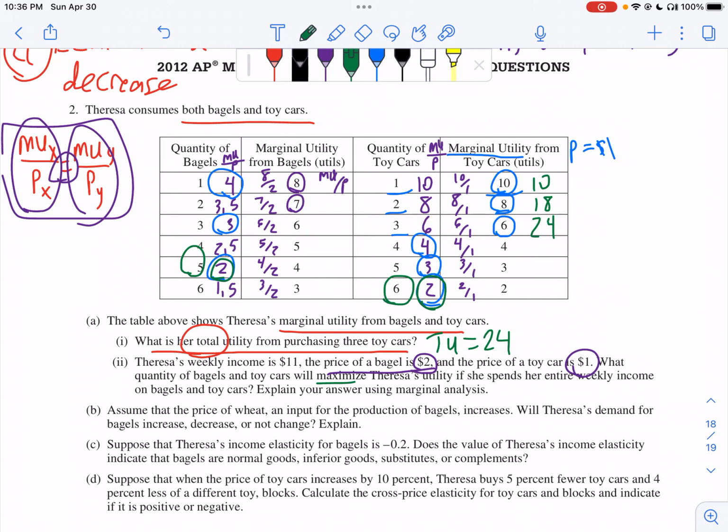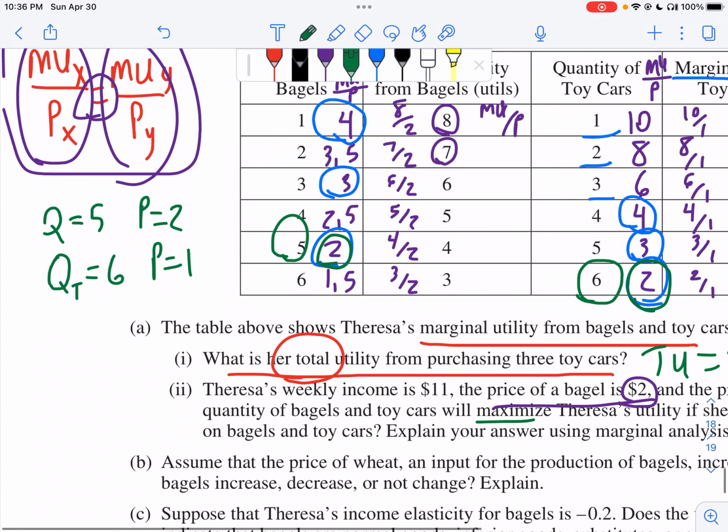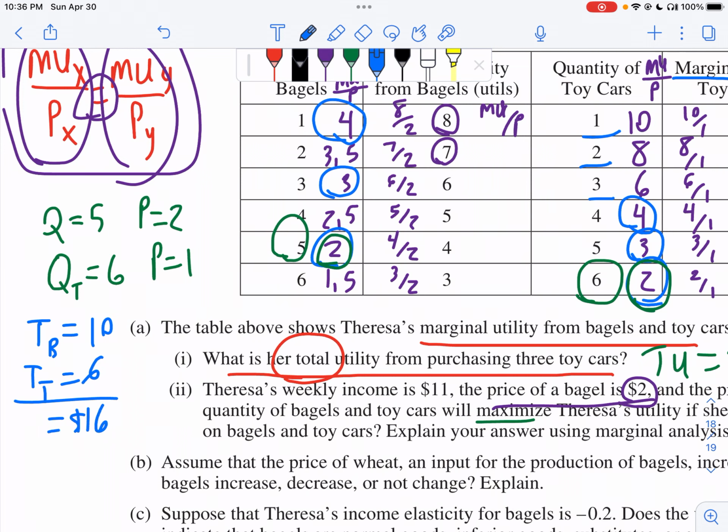Well, if I'm buying 5 bagels and the price is 2, and I'm buying 6 cars and the price is 1, how much money do I need? The total for the bagels is 10, and the total for the toy cars is 6. So I need $16. How much do I have? I only have 11. So I can't buy that bundle because I don't have enough money.